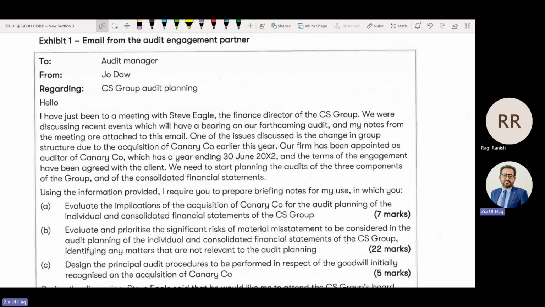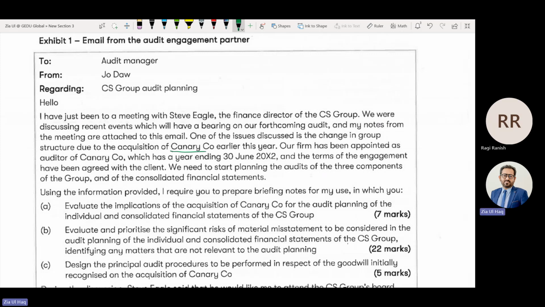My notes from the meeting are attached to this email. One of the issues discussed is the change in group structure due to the acquisition of Canary Company earlier this year. The company has acquired another subsidiary during the year, that is Canary Company.